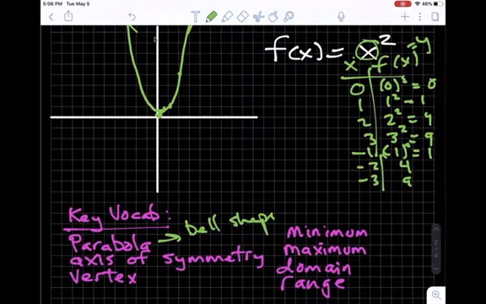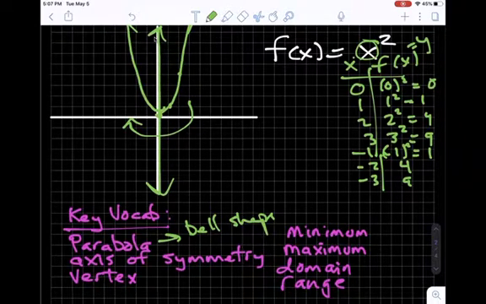An axis of symmetry is a line that goes through the parabola, and in this case, it goes right there. If you could cut the parabola and fold it over on the axis, it would lay on top of itself. Think about what symmetry is: it's a reflection. It's the line of reflection for the parabola.